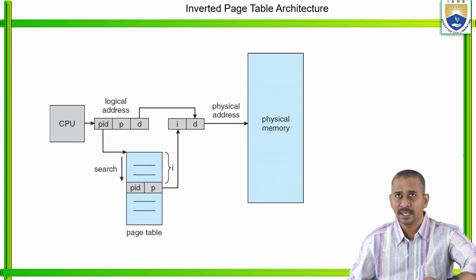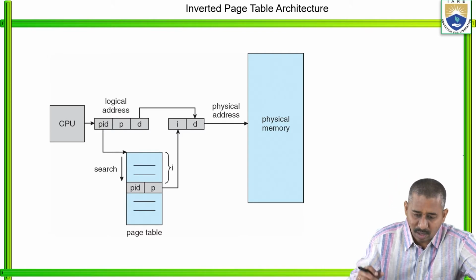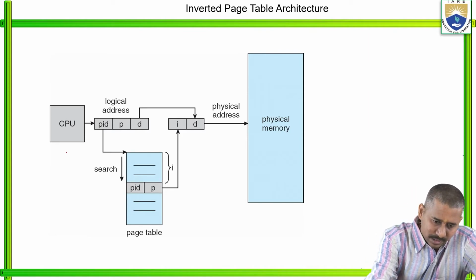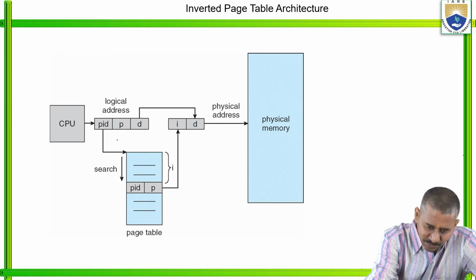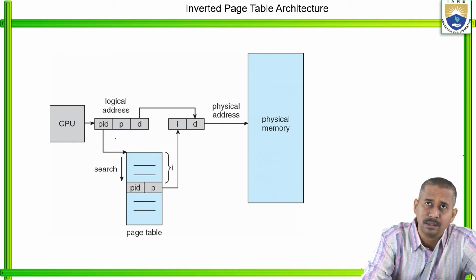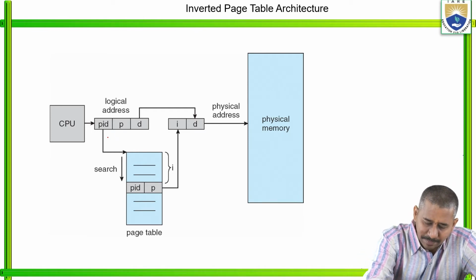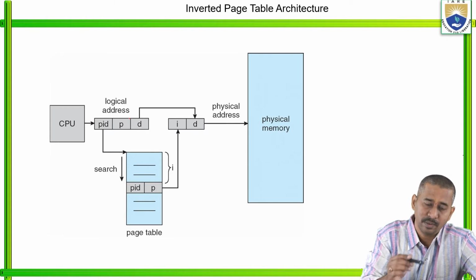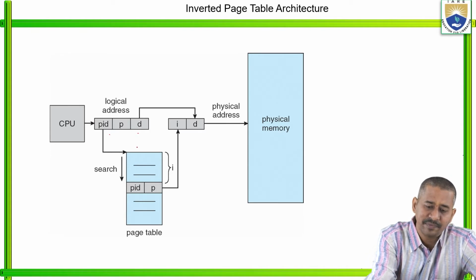See here, this is the inverted page table architecture. The processor generates the logical address. We know from the concept of inverted page table that it is a combination of page table and frame table.